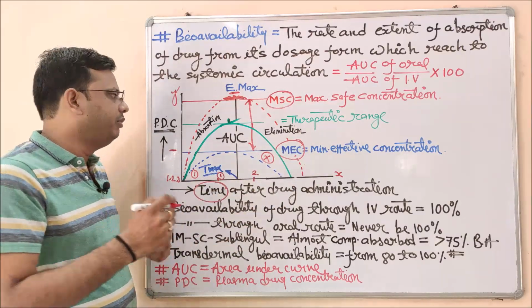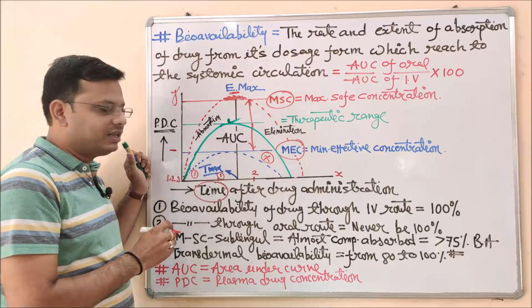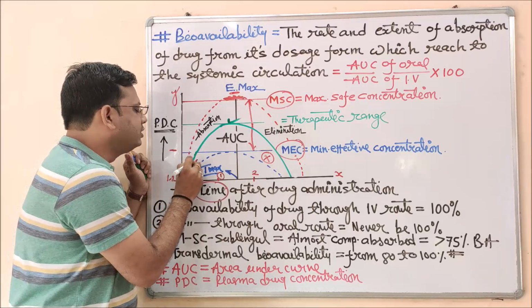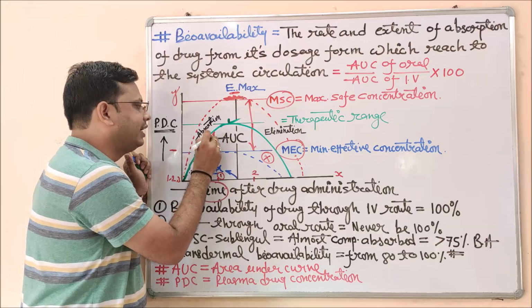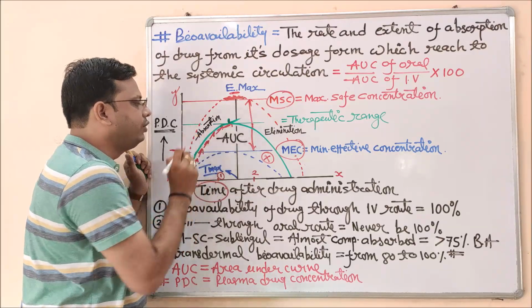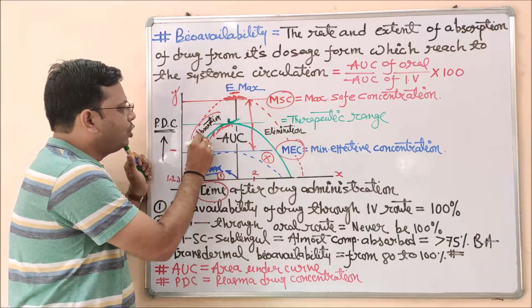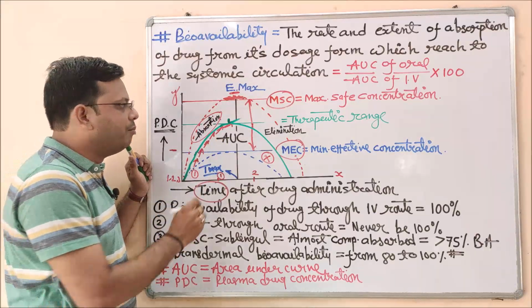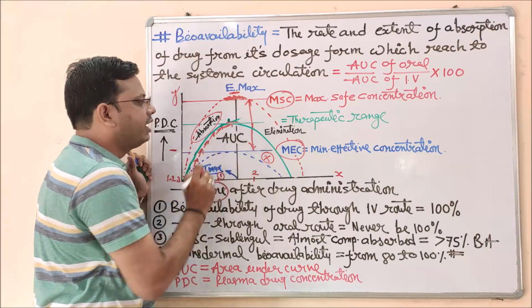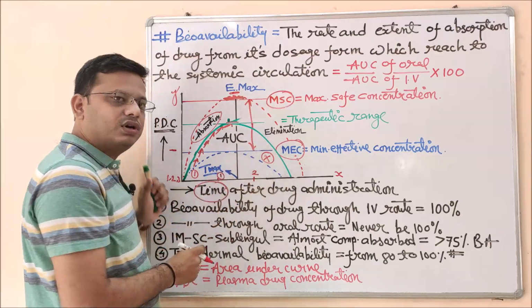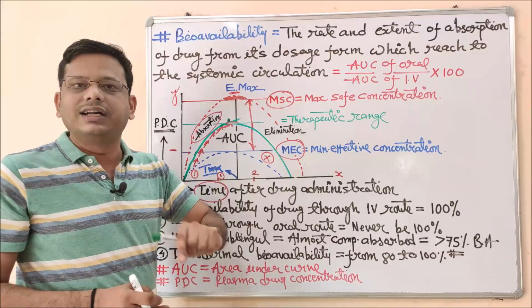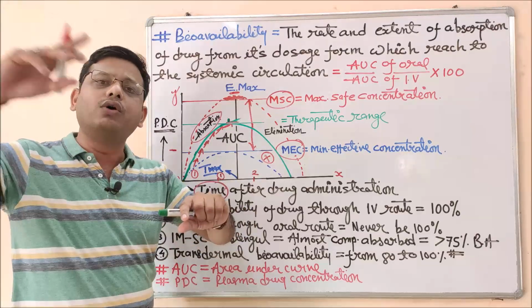This is an important parameter. There are two more points. When we give any drug, it is going to dissolve in the blood slowly, and it will take time. So here absorption is going to take place. This phase is the absorption phase. After some time, the drug will produce its effect. After producing the effect, it will start declining, because if you take any drug, it will not produce its effect throughout your life.